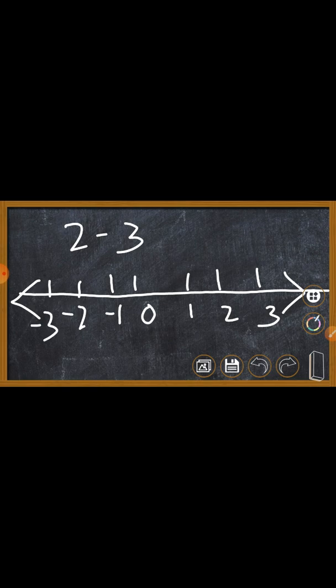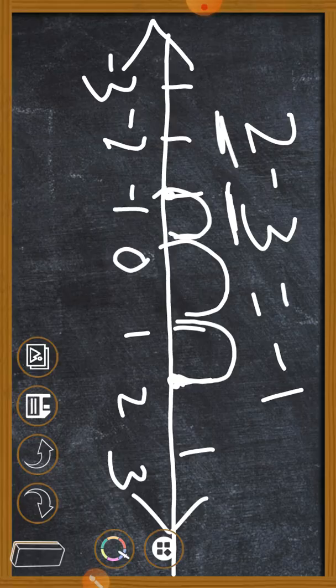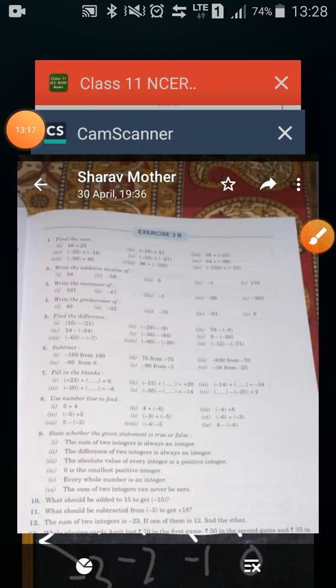So I am at 2 right now, which means over here. And minus 3 means what? You need to jump 3 times towards the left. So 1, 2, 3. I jumped 3 times towards the left. Where do I land? Minus 1. So my answer is minus 1. Understood? Let's get to the actual sums in the exercise.